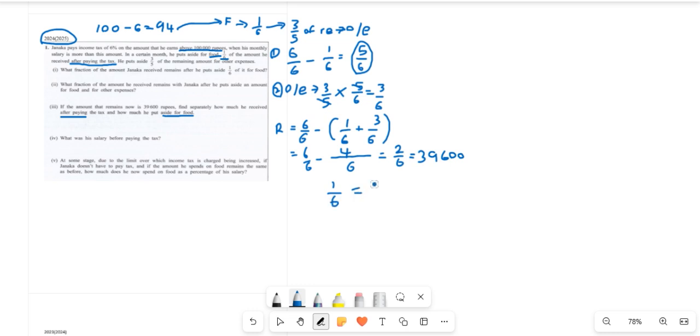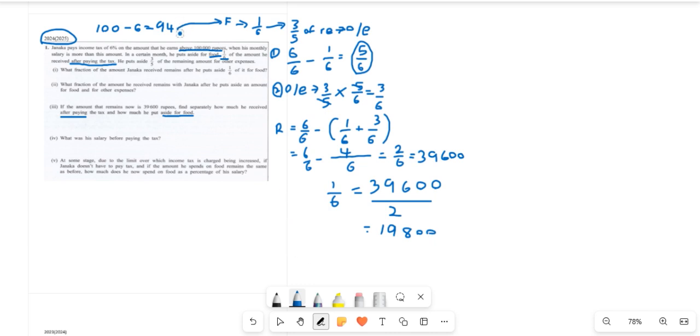So 1 portion will be 39,600 divided by 2, because for 2 portions we know this amount, then you have to divide by 2. Then your one portion will be 19,800. So they are asking about the total.